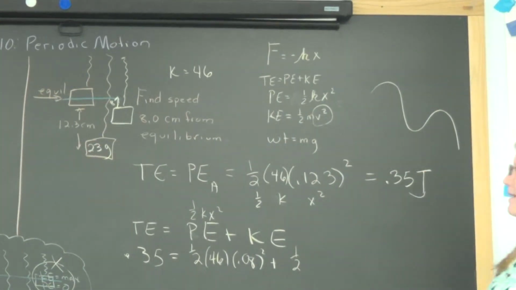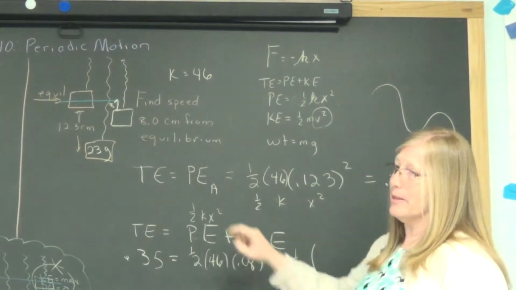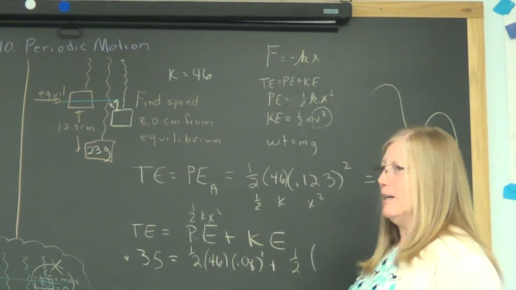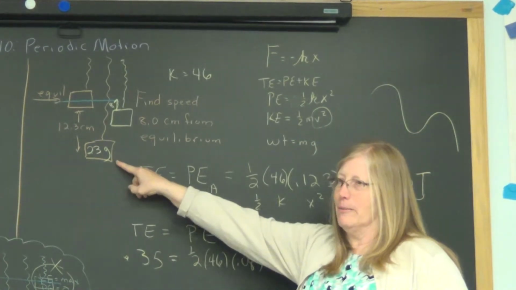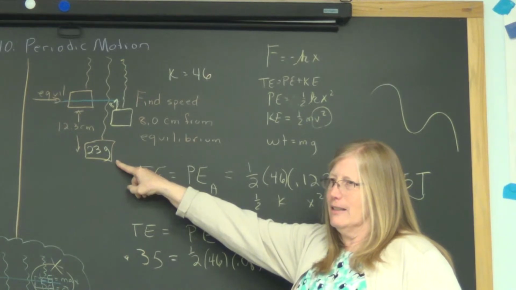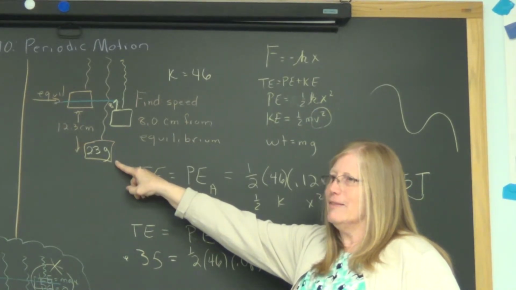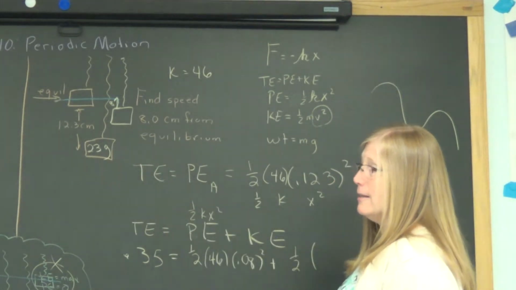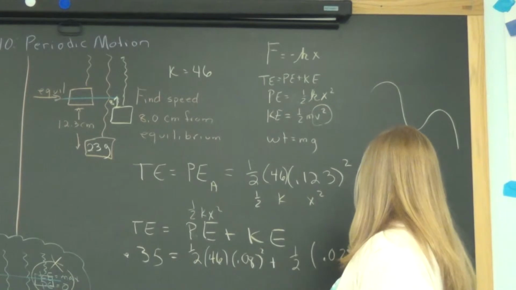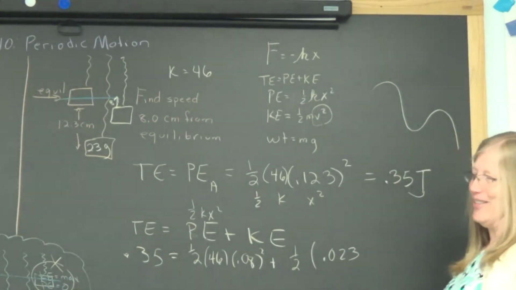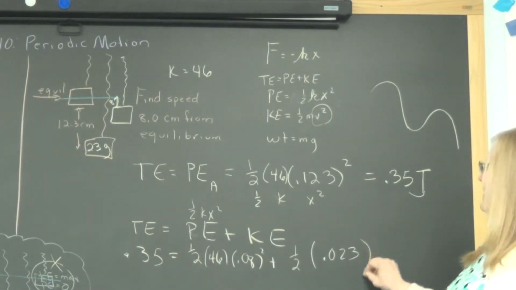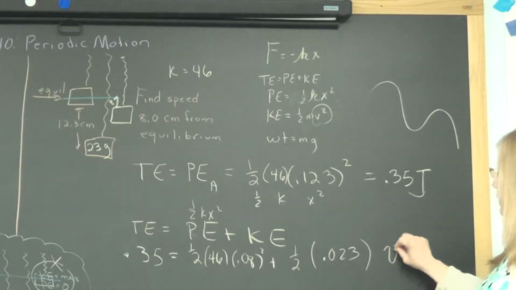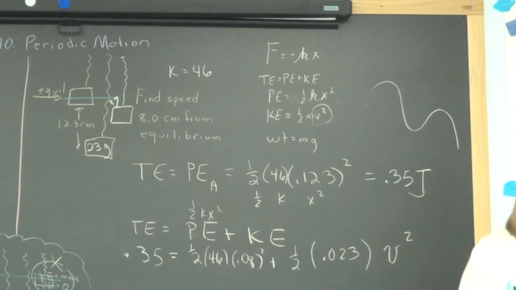And so what is it in kilograms? How many times do I move that decimal from 23 to get kilograms? Right. 0.023. Yeah, I dropped that first 0. You love that first 0. Go for it. All right, and then you have given me this, and v squared is what we're looking for. All right, solve that.